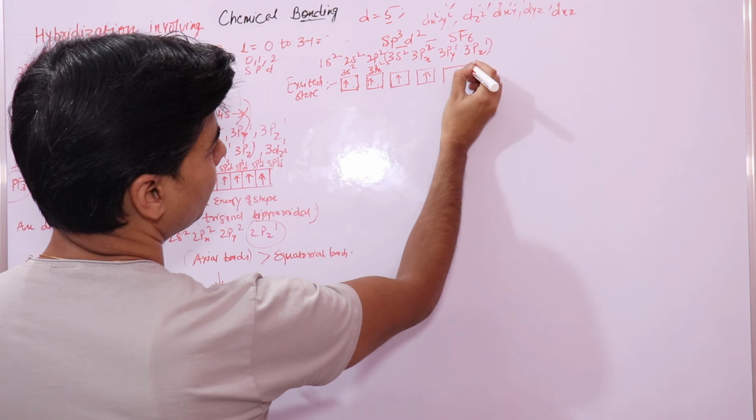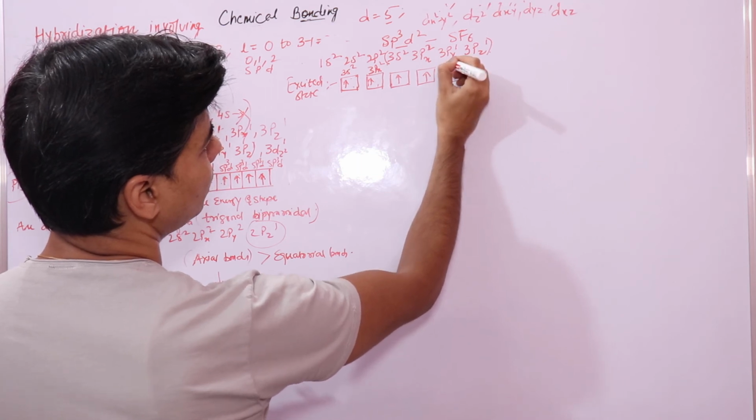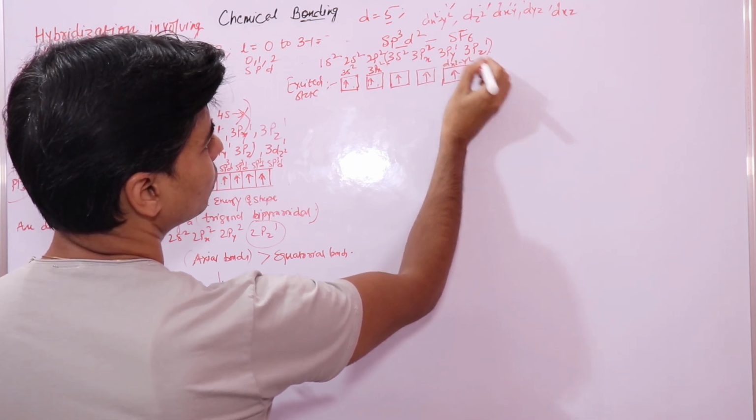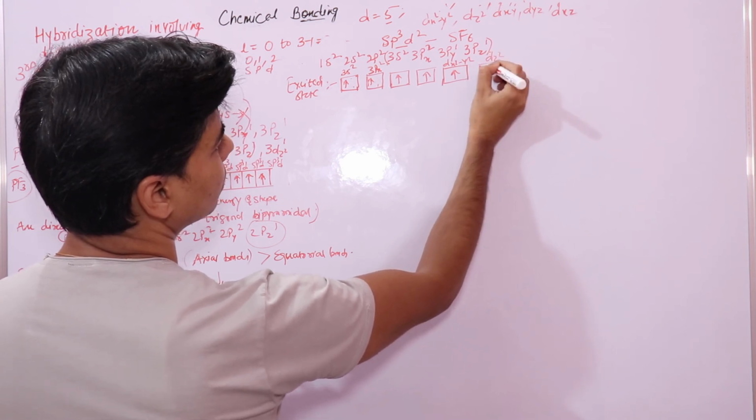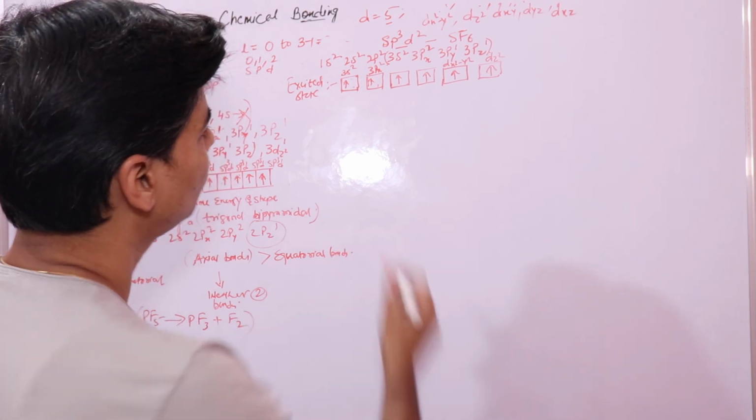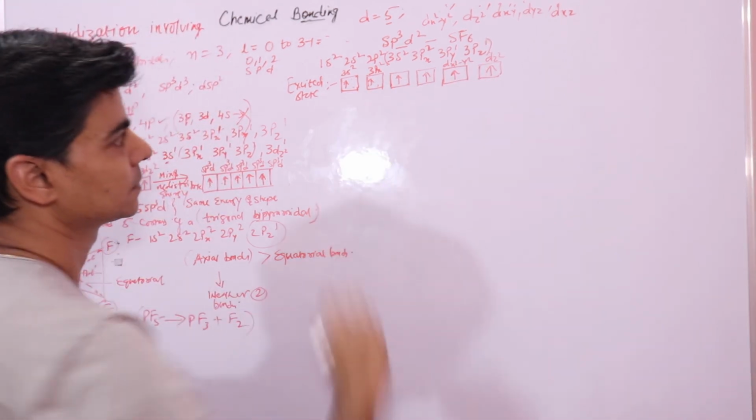So it would be one electron in dx square minus y square and one electron in dz square. How many do we have now? 1, 2, 3, 4, 5, 6, right?